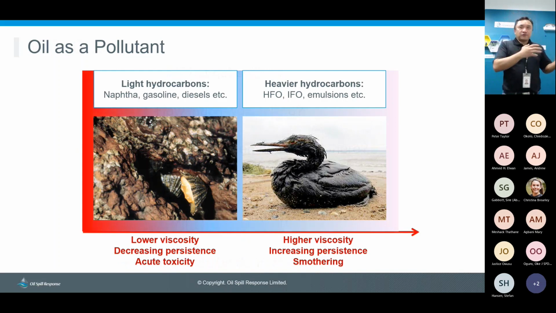As I have mentioned before, the type of oil matters as it impacts the environment, more specifically the marine organisms. Say, for example, if you have light hydrocarbons that spill, for example naphtha, gasoline, or diesel, they have a lower viscosity. They're not so persistent as compared to crude oil. However, this type of oil would be more toxic.